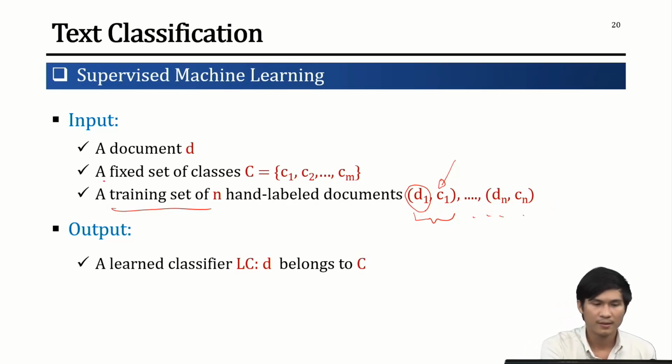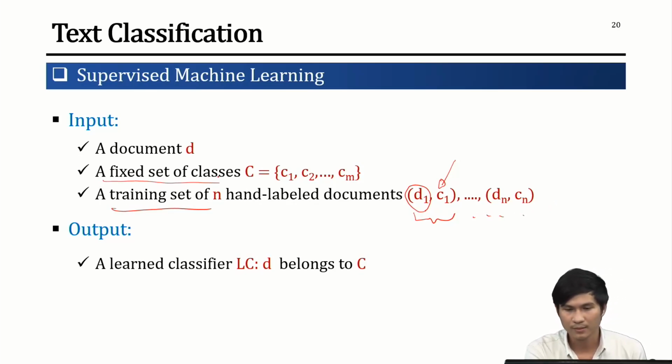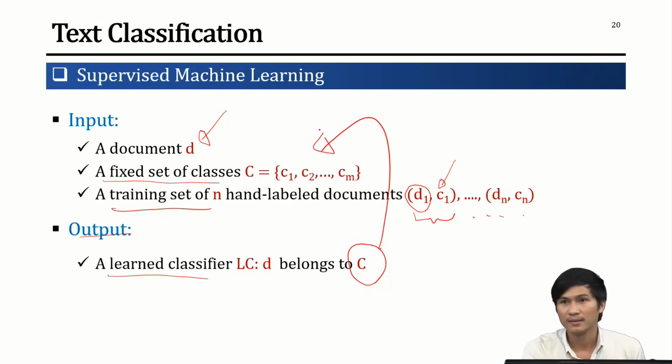We have the set of classes, which is the set of labels correctly used for each document, and we have a new input document that we want to predict. The output is a classifier that can be used to predict new documents, which are in the set.